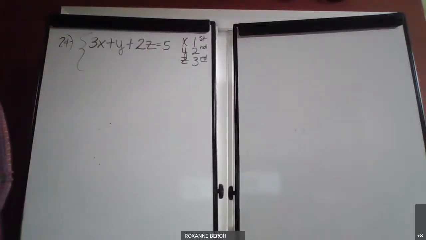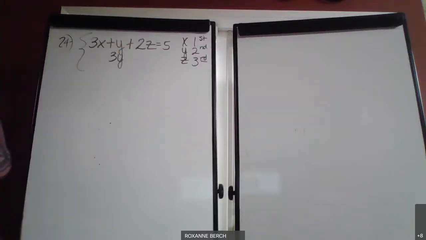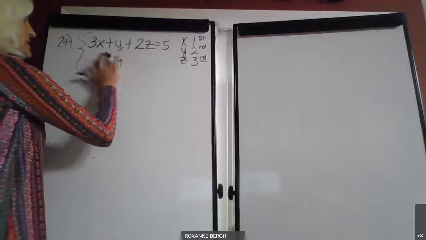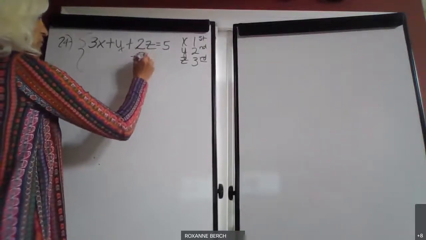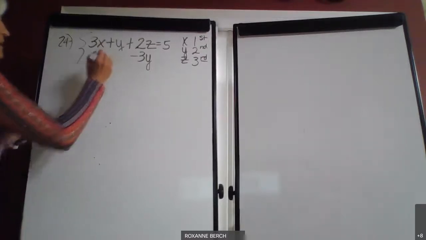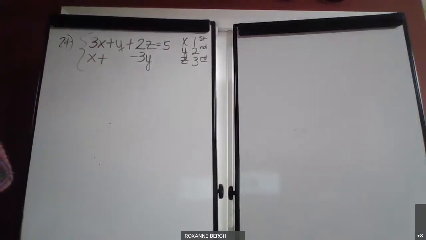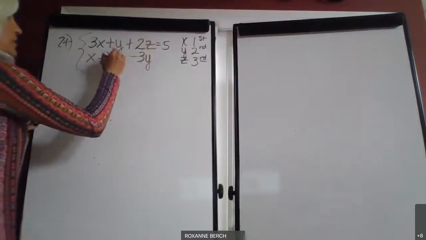And it says if 3 times the second number is subtracted from the sum of the first number and 3 times the third number.